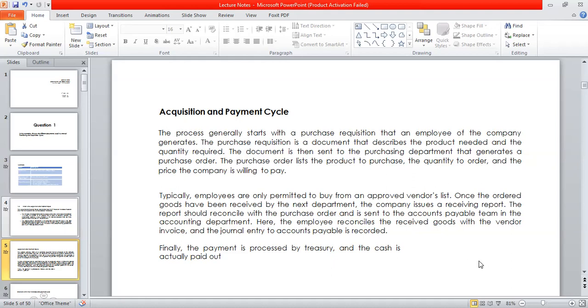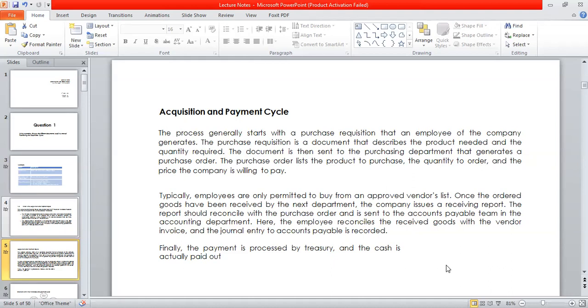So once the goods are ordered and they have been received by the receiving department, the company will then issue a receiving report. The report should reconcile with the purchase order, and it is sent to the accounts payable team in the accounting department. So in the accounting department, the employees will reconcile the received goods with the vendor invoice, and the journal entry to the accounts payable is recorded.